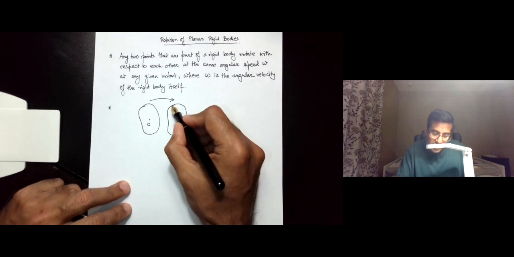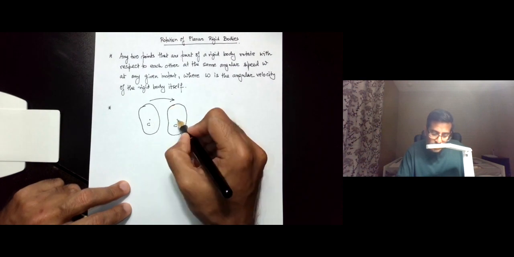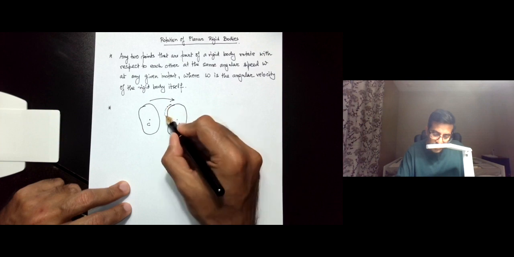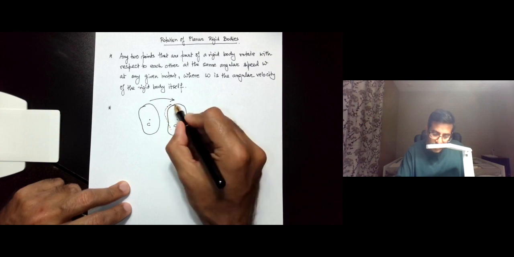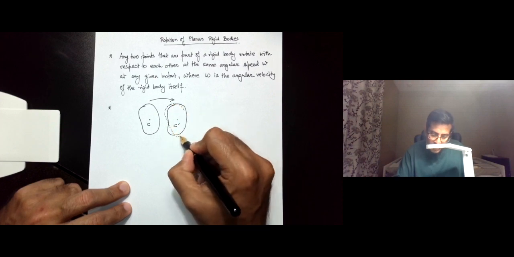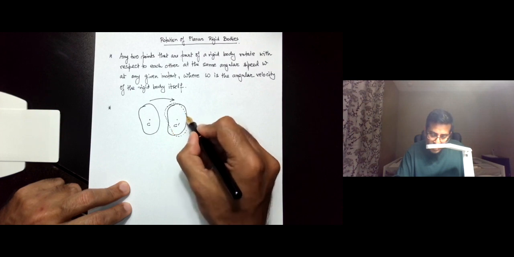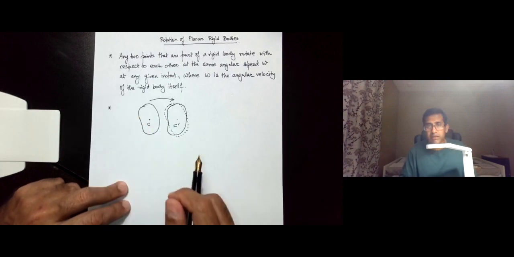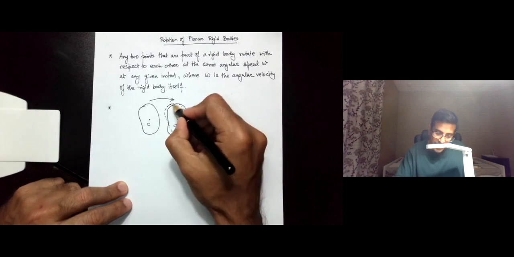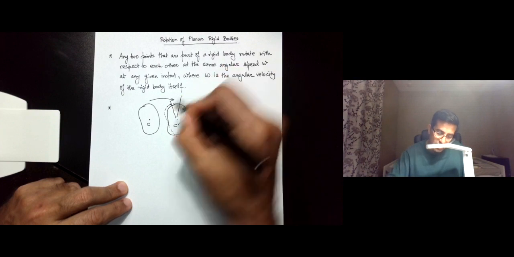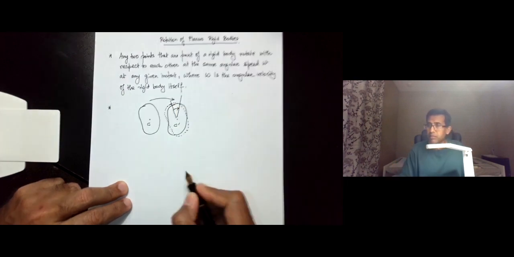So basically what you could have said is that the center translated from C to C prime without change in the orientation, and then the orientation changed by a small angle.